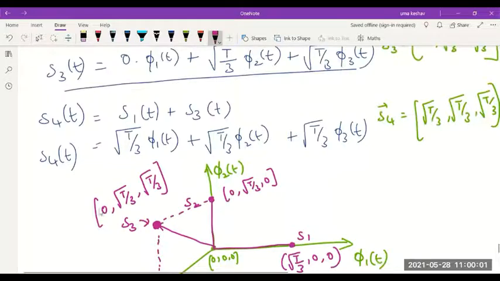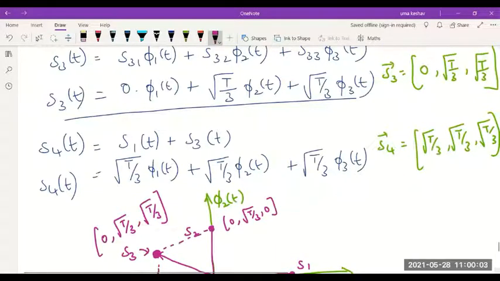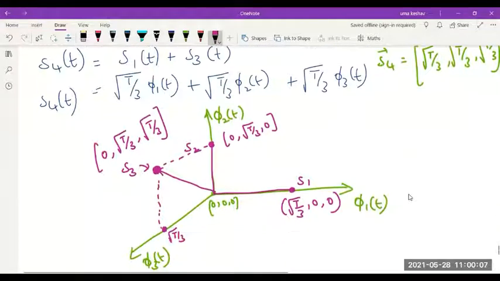Lastly, S4. S4 has coordinates in all the three axes. So how would you draw S4? I should consider all the three axes. Now, this is root t by 3 in this axis. This is root t by 3. This is root t by 3. So if I take a projection in the third somewhere here, it's a three-dimensional figure.